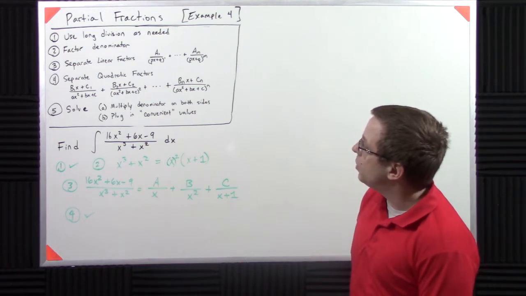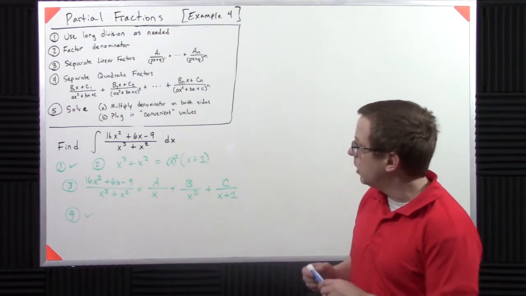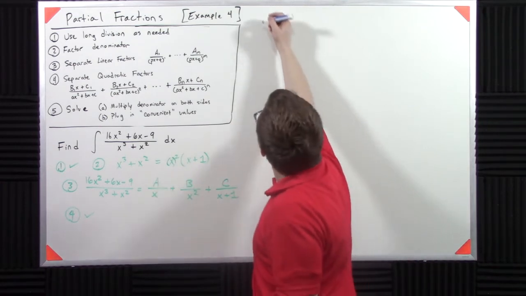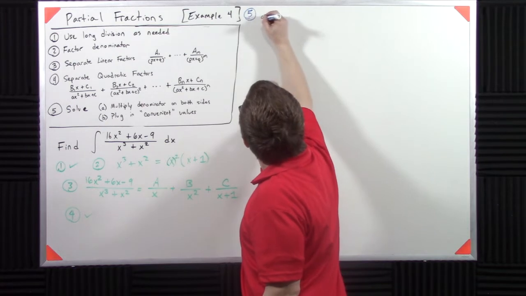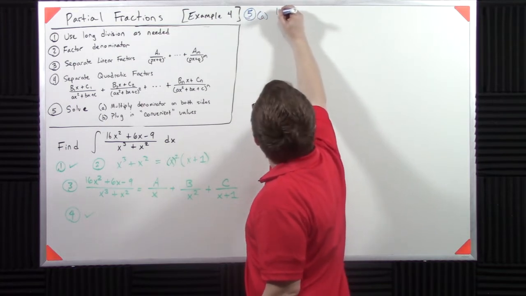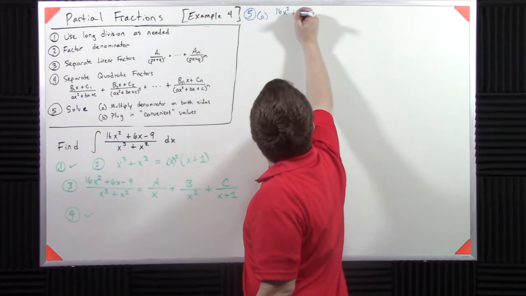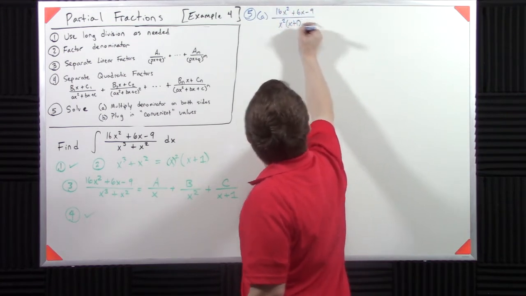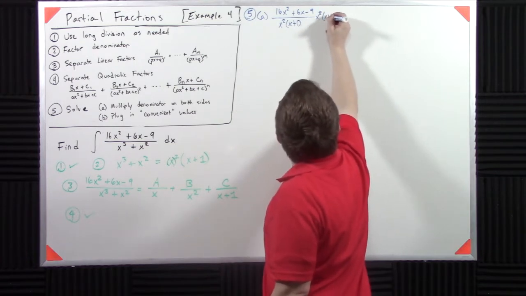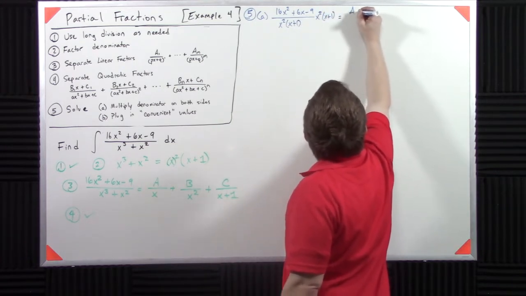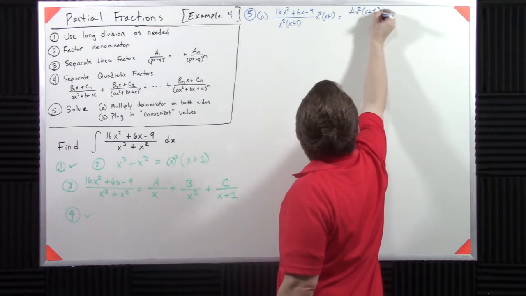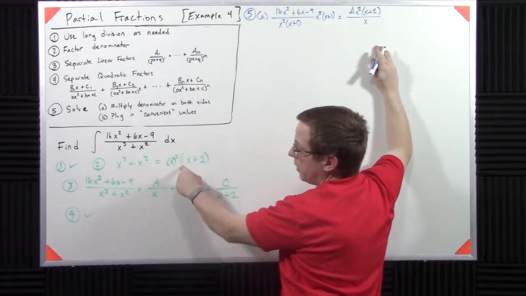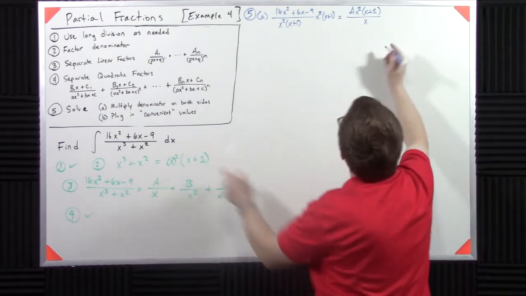So now we need to solve. To do that, we multiply by the denominator on both sides. I'm just taking this and multiplying by that denominator.